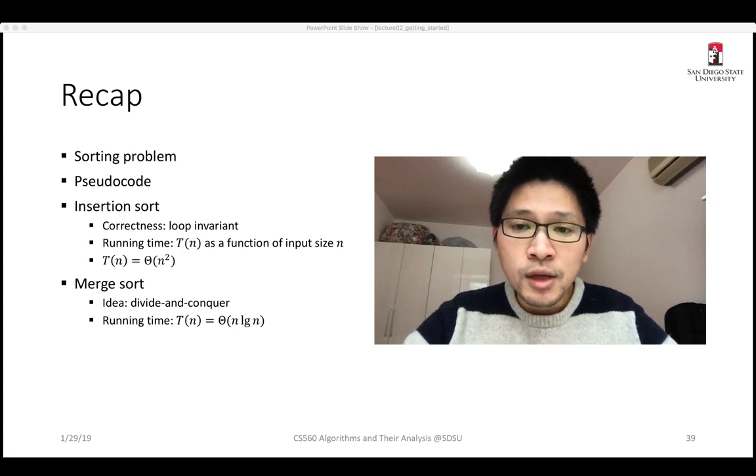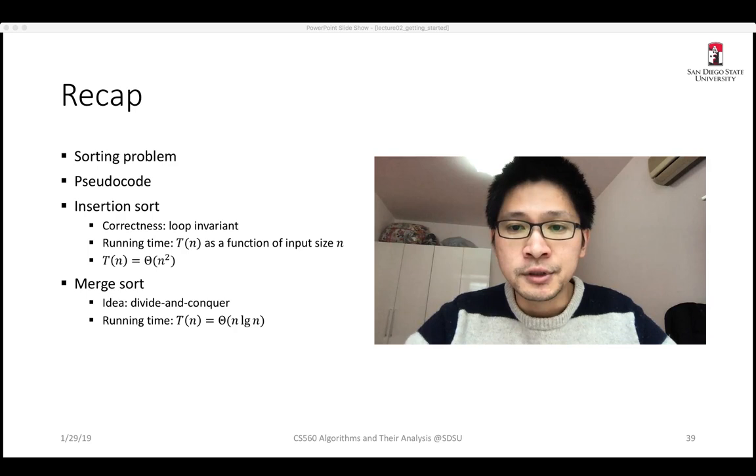And we have intuitively concluded that merge sort is a more efficient algorithm than insertion sort, because the function n times log n grows slower than the function n squared.